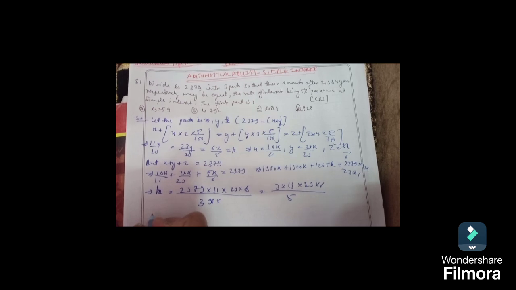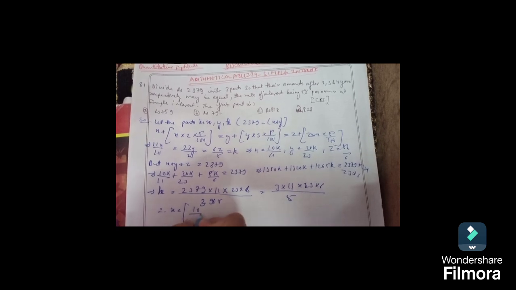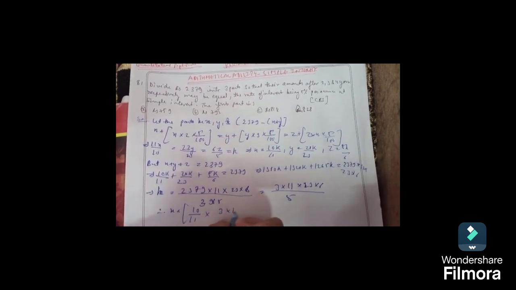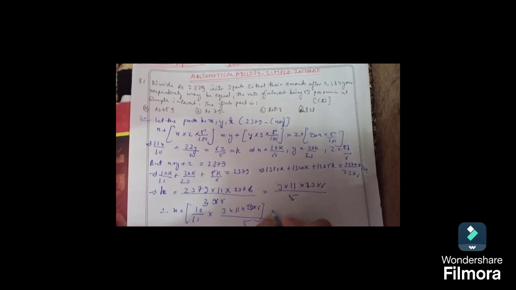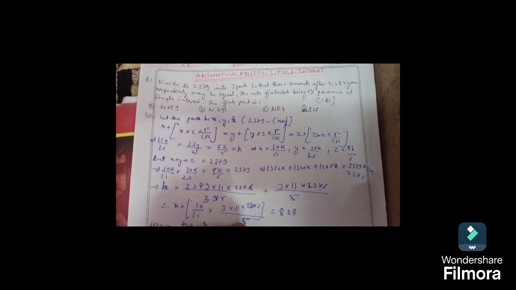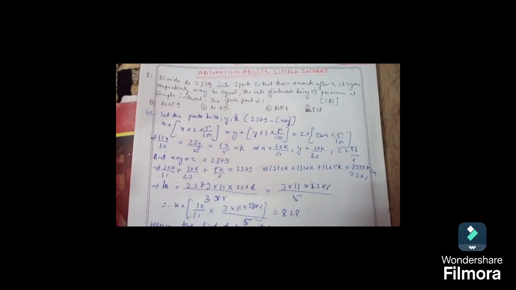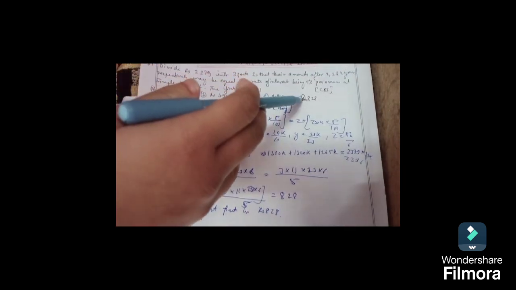So further, x equals 10 upon 11 into 3 into 11 into 23 into 6 upon 5, which equals 828. Hence the first part is rupees 828. That is 828 will be the right answer. So we'll go for 828, that is option D will be the right answer.